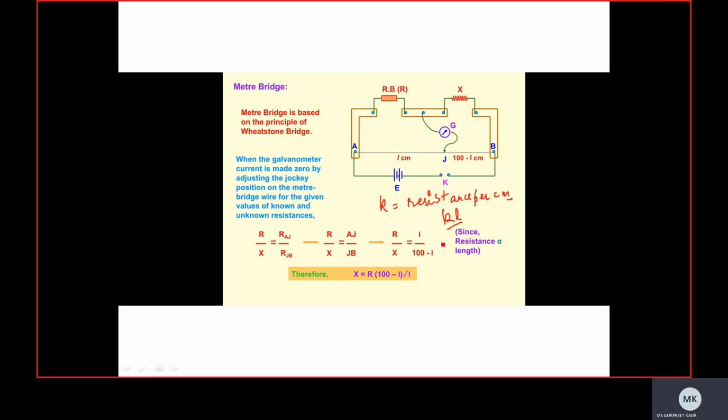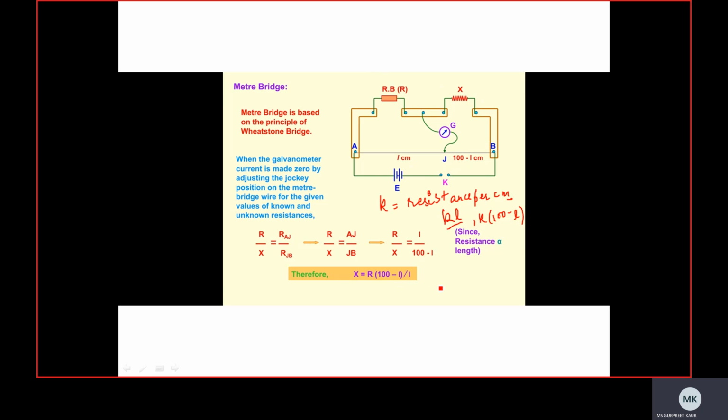If unit length of the wire has resistance K, then resistance of length L of the wire will be K into L. Then what will be the resistance of the wire of length 100 minus L? It will be K into 100 minus L. यूनिट लेंथ की रेजिस्टेंस K है, L लेंथ की रेजिस्टेंस कितनी होगी? K इंटू एल. सिमिलरली 100 माइनस L लेंथ की रेजिस्टेंस कितनी होगी? K इंटू 100 माइनस L.